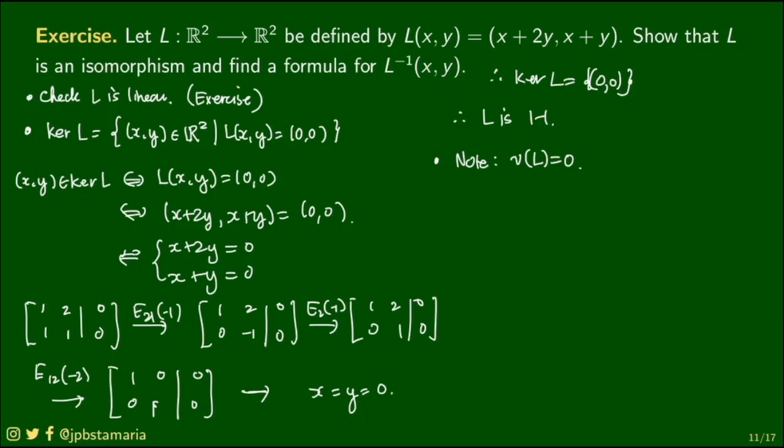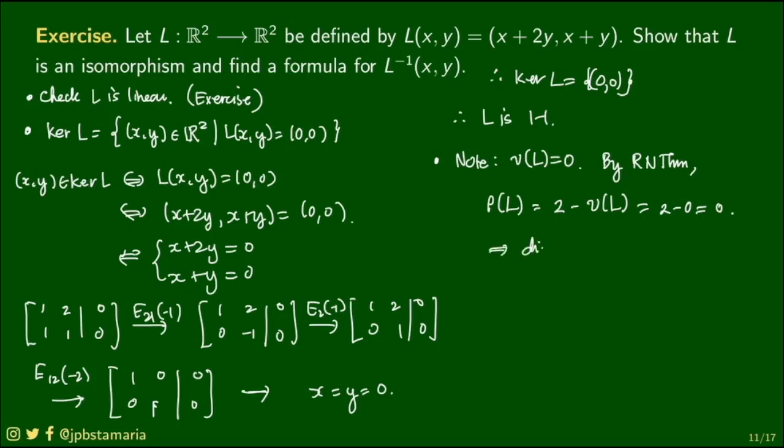The dimension is 0. By the rank nullity theorem, what does the rank nullity theorem say? The rank of L is precisely 2 minus the nullity of L, 2 being the dimension of the domain. But the nullity is 0, so this is 2 minus 0, which is 2. So the rank or the range is two-dimensional.